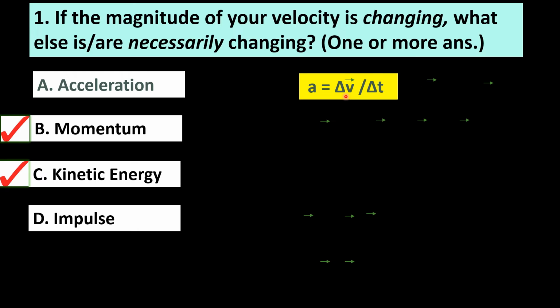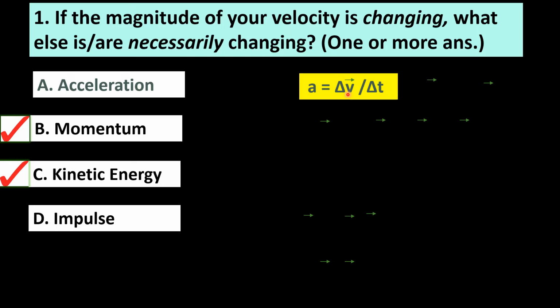Whether it's a change in the magnitude of the velocity, a change in direction, or a change in both, nothing is specified here, but nevertheless, that's what we mean by delta V.